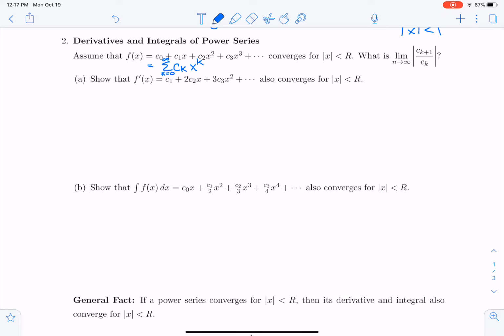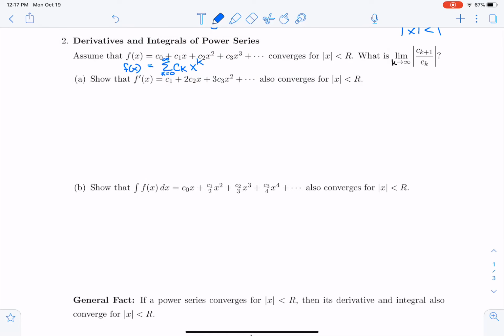And I want to know where that series converges. I'm going to state that it converges for |x| less than r, but what is that going to tell me about the limit as k goes to infinity of c sub k plus 1 over c sub k?